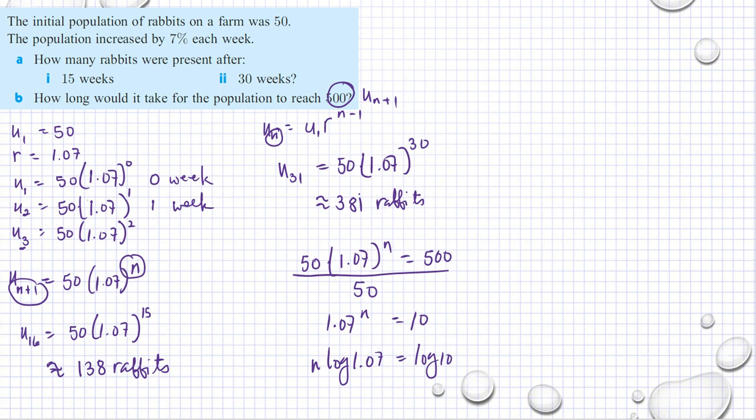If the base is 10, the log of 10 will become 1. Dividing both sides by log of 1.07, we have n is equal to 1 divided by log of 1.07. That is 34 weeks.